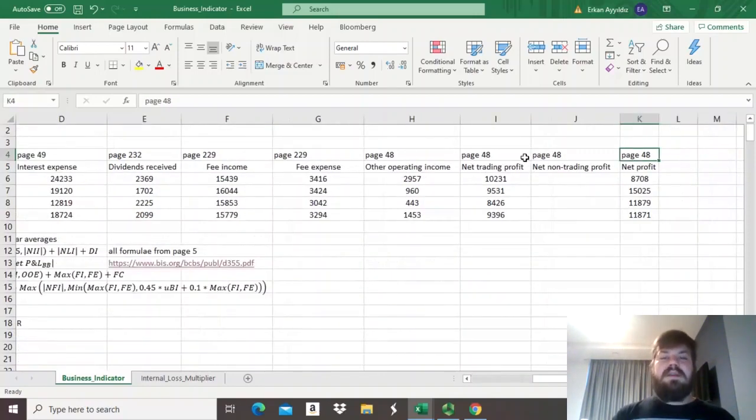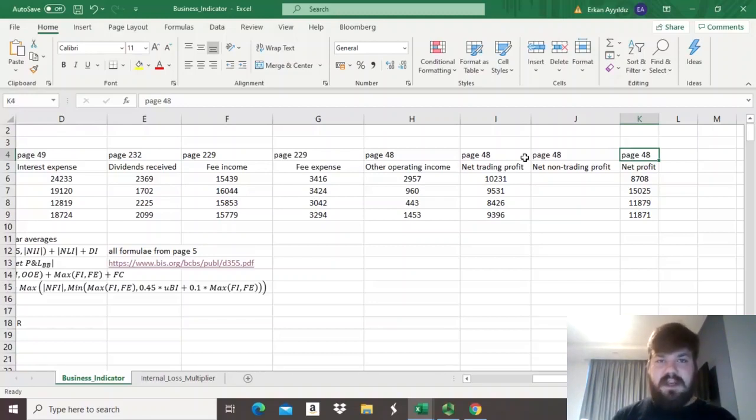Later on, we need to figure out the breakdown of the bank's net profit into the net profit of the trading book and net profit of the banking book. And it can seem a little bit overwhelming at first, but it's easier to proxy than you think.